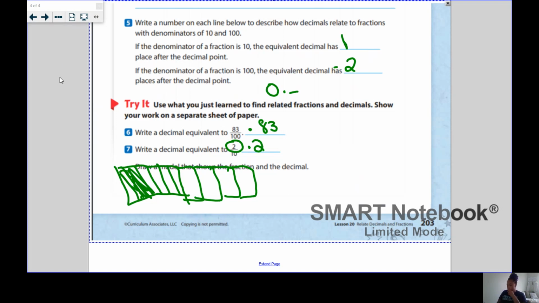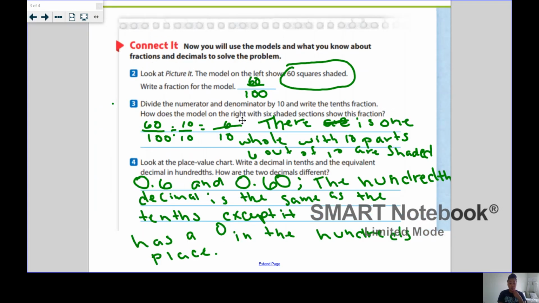Okay, guys. I have 2 questions for you. My first question, and of course you're going to see these in the peer deck. How could you describe the 2 fractions that the models represent? How can you describe them? So again, like we worked on number 3, number 4, we described the decimals, right?